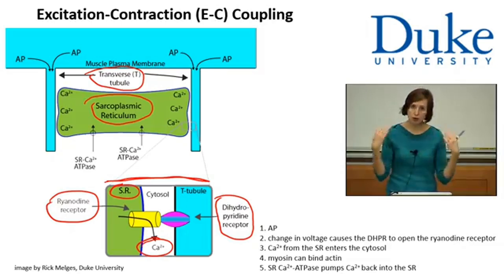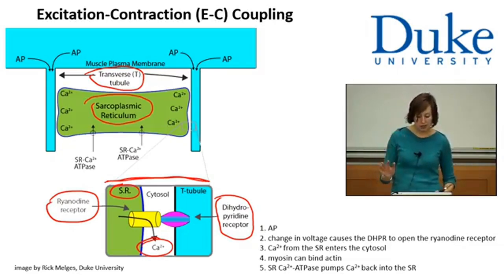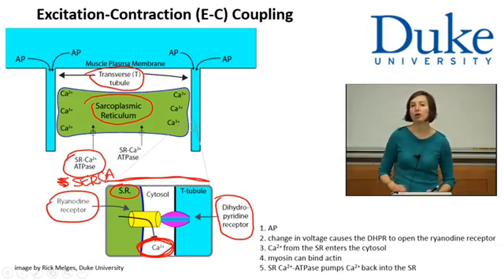So the calcium rushing into the cytosol is then going to bind troponin and cause tropomyosin to be removed from the sites on actin, which then allows myosin to bind actin. However, as soon as calcium starts rushing into the cytosol, we're also going to activate sarcoplasmic reticulum calcium ATPases, which are also called SERCA, which will start to pump calcium back into the sarcoplasmic reticulum.